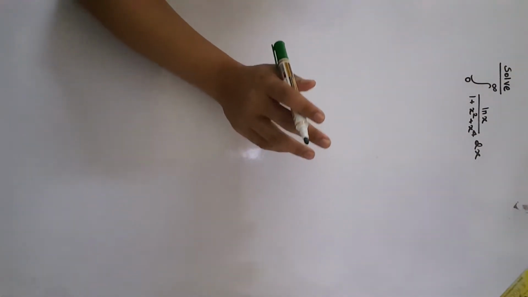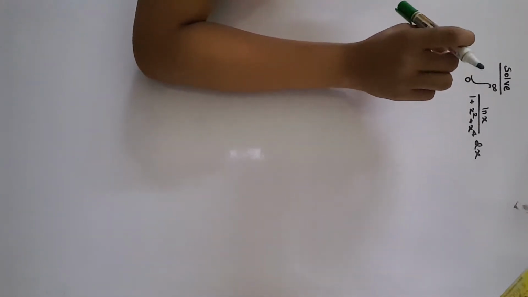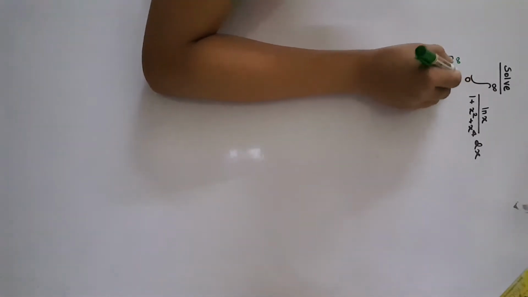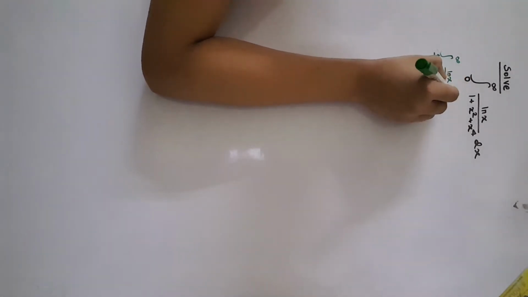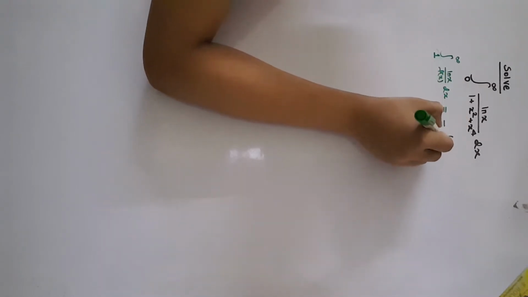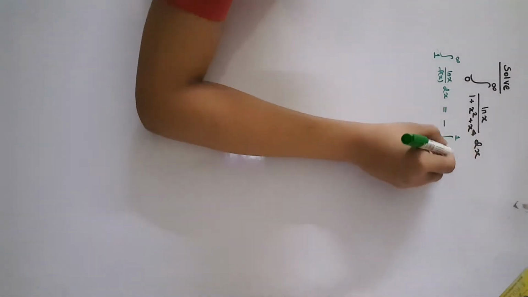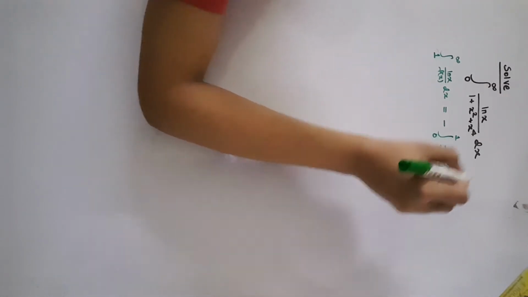In order to start approaching the solution of this question, we first need to prove that the integral from the lower limit 1 to the upper limit of infinity of natural log of x divided by f(x) with respect to x is equal to negative of the integral from 0 to 1 of natural log of x divided by x square times f(1/x) dx.